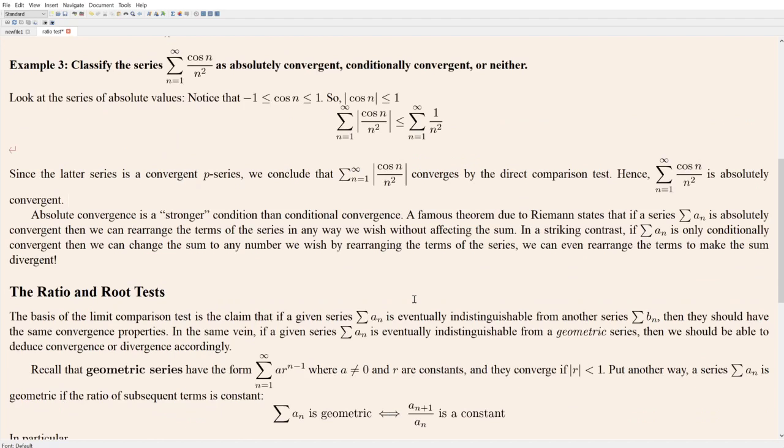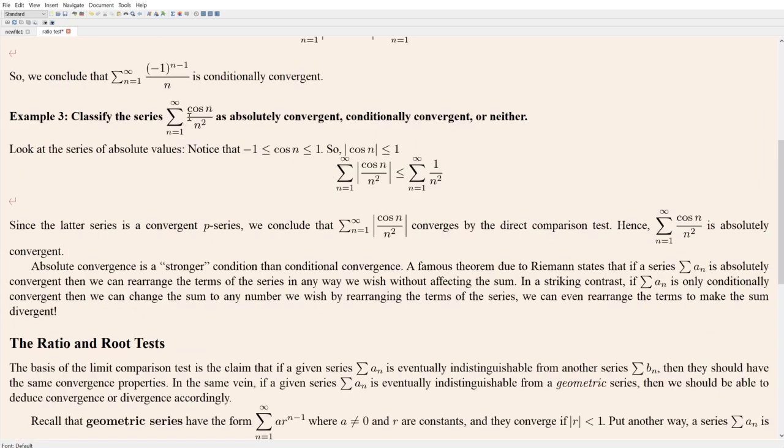Anyway, so why would we care about this? I mean, this seems like a completely arbitrary distinction, right? Well, first off, it is occasionally a useful tool to determine convergence. I wouldn't really know how to go about attacking convergence of this series directly, but if we put absolute values around it, then we can make this comparison.